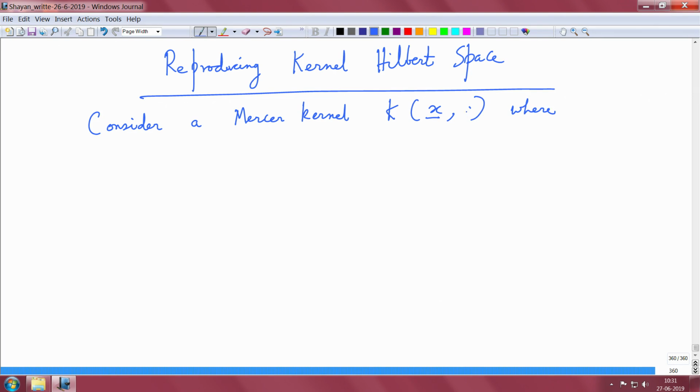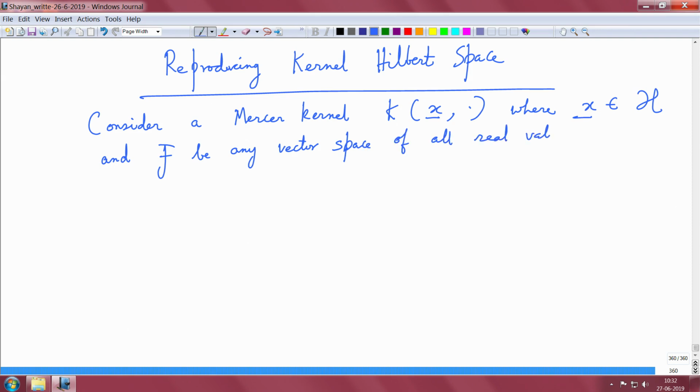So, I just put a dot there, where x belongs to Hilbert space H, and F be any vector space of all real valued functions of x generated by this kernel.